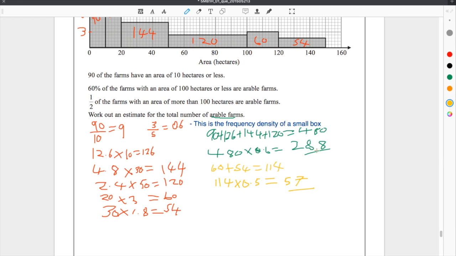And then to finish the question off, we simply add together the two totals of arable farms. We have 288 plus the 57 we've just calculated, which gives us a total of 345 arable farms, and that is our answer.